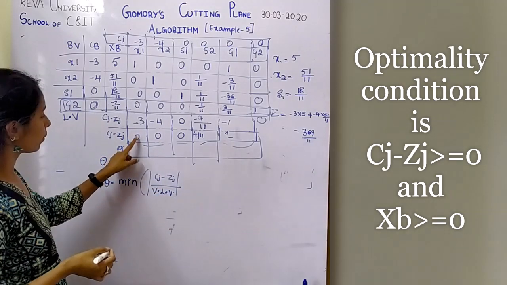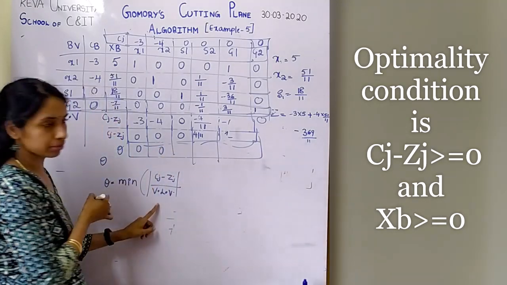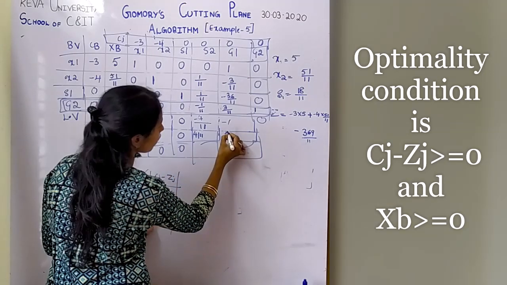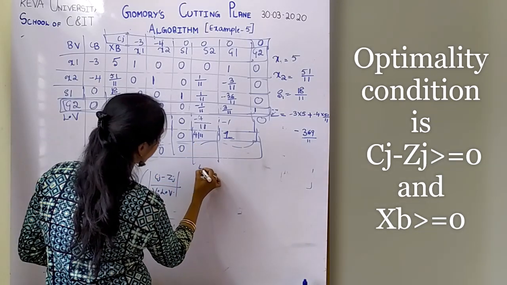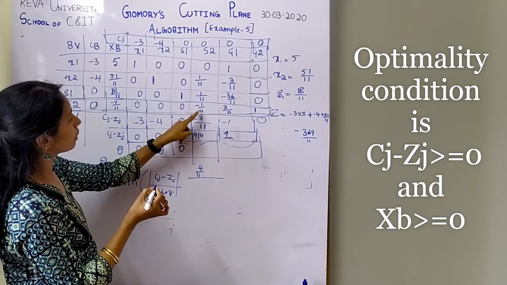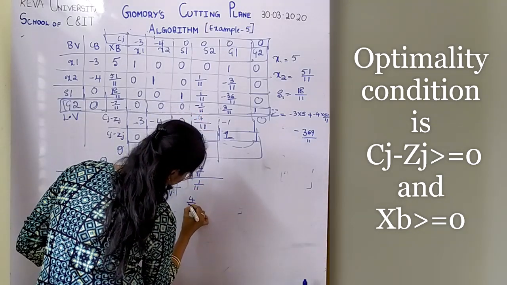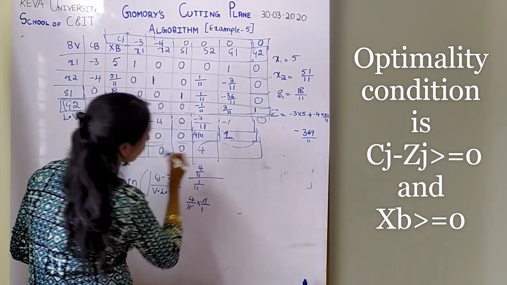So 0 divided by something is 0, 0 divided by something is 0, so here it is 1. And here 4 by 11 divided by the value in the leaving variable, 1 by 11. So 4 by 11 into 11 by 1, you will get 4 here.